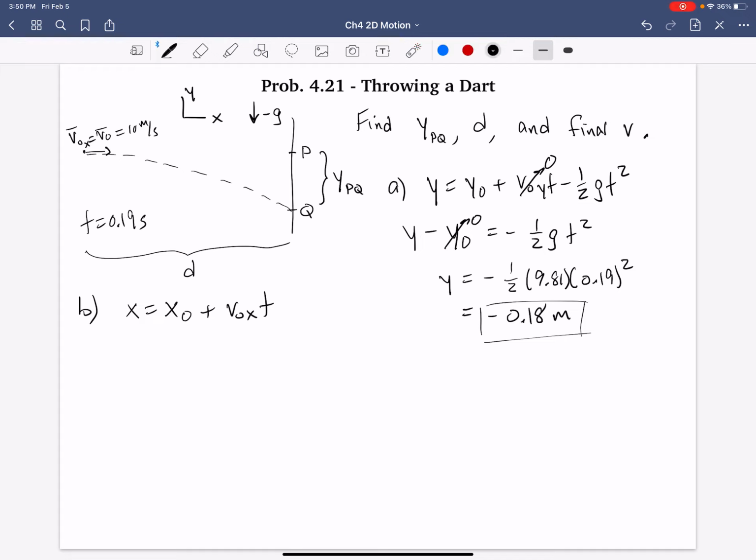Because again, like in part A, we can assume that the initial starting position is really just 0. We're only interested in the relative change. So x is the same thing as d here. And so that equals v naught x times t, which is just 10 times our 0.19, which is our 1.9 seconds.